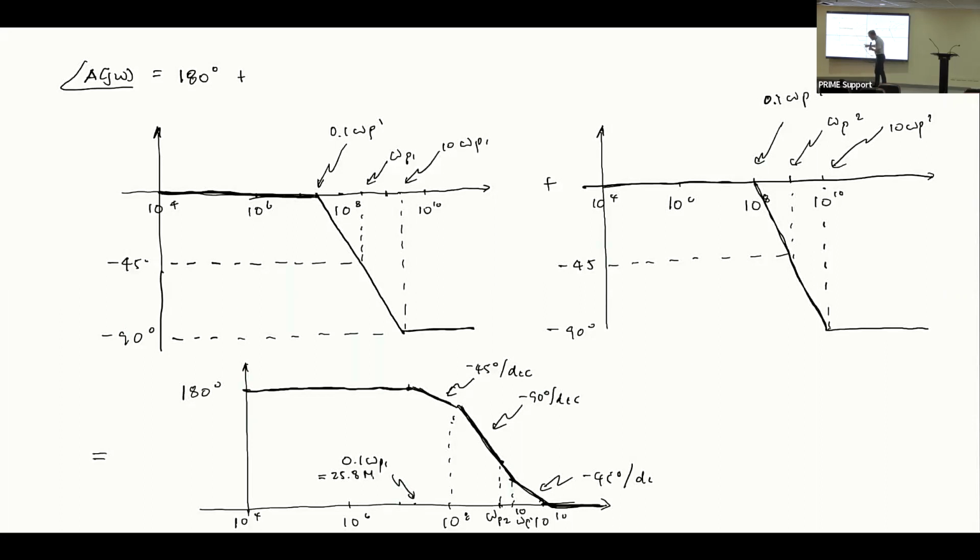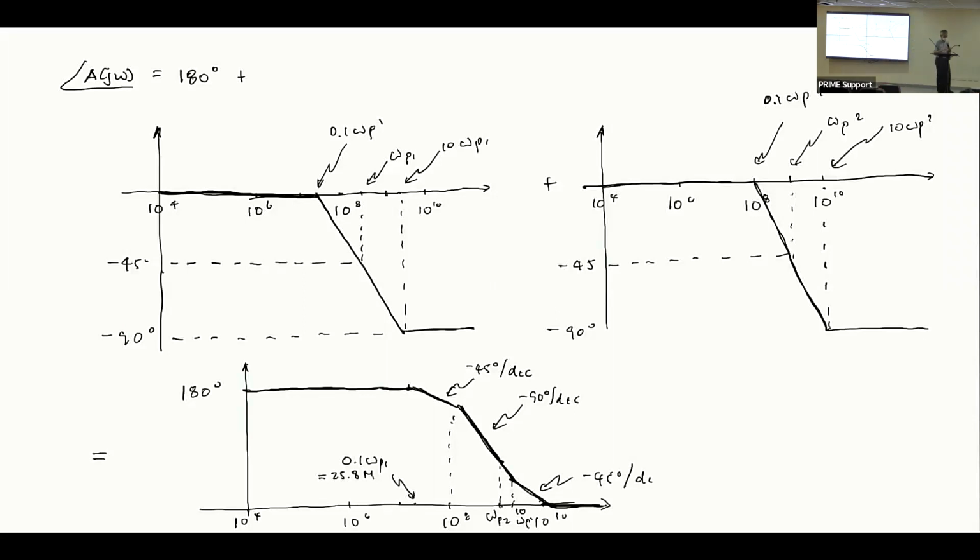Until you reach omega P1, then you're going to go down by 90 degrees per decade until you reach, well, wherever, no, this intersects with this. Then after that, since ito zero na, ang matitira na lang dito is minus 45 degrees per decade.